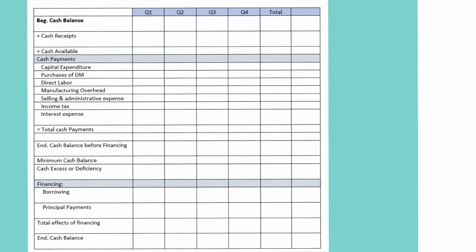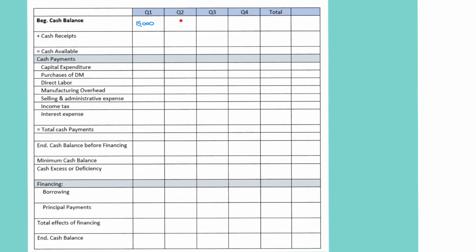So let's start. So from the balance sheet, we got the beginning cash balance for 2019, and it was 15,000. So this number I'm gonna get from the balance sheet. Now we cannot solve for quarter 1, 2, 3 and 4 together, because I need to find ending cash balance for quarter 1.